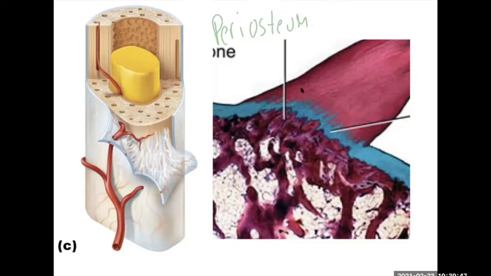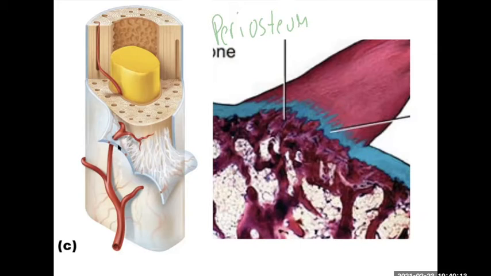Cartilage also has, as you'll see in the video, perichondrium surrounding it. But this periosteum is like dense, irregular connective tissue that surrounds the outside. It's kind of like the skin of the bone itself. And since the bone is on the inside of your body, you don't need an epithelial lining. You could do with this connective tissue.